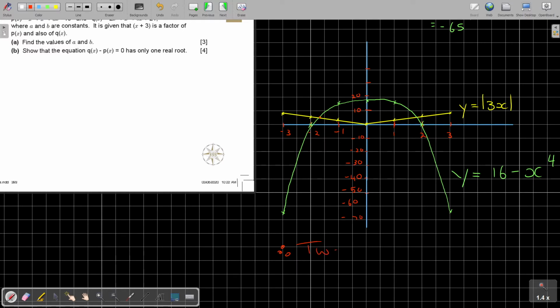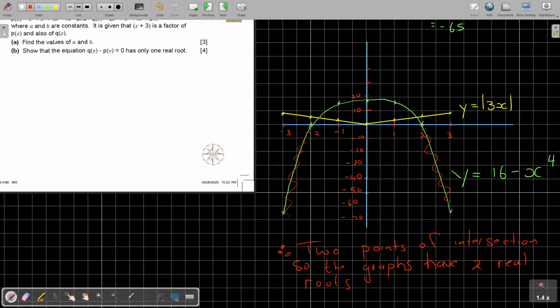You can say 2 points of intersection. So the graphs have 2 real roots.